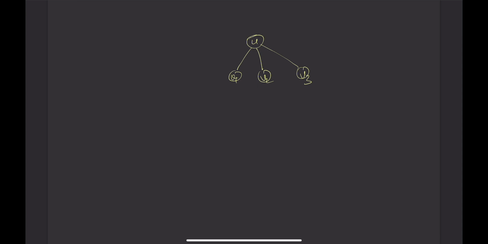So if u is the parent, the node from where I have started my DFS, then for u to be an articulation point, the parent should have at least 2 children, right? Otherwise, can I delete this edge?